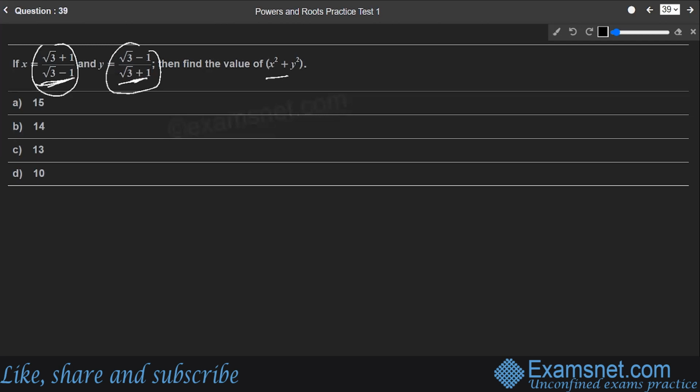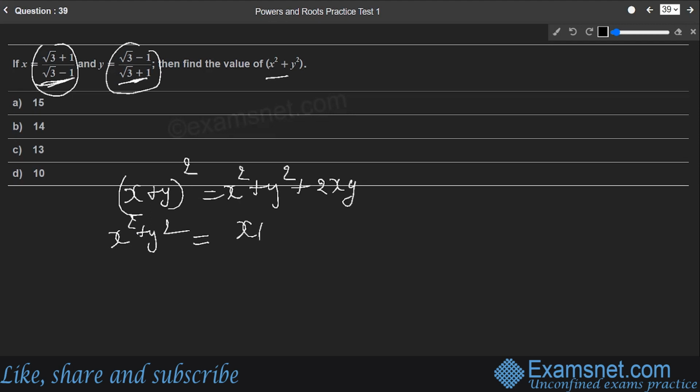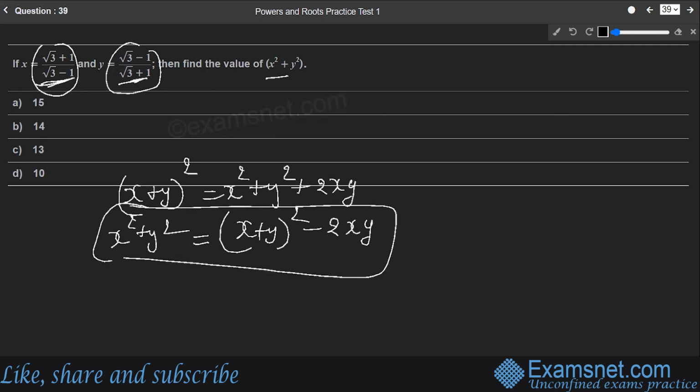See, if you know the formula of x plus y whole square, or rather a plus b whole square, that is nothing but x square plus y square plus 2xy. In this, if you want to know x square plus y square, you can change the side. So x square plus y square is going to be x plus y's whole square minus 2xy. So we're going to use this particular formula for finding our answer.